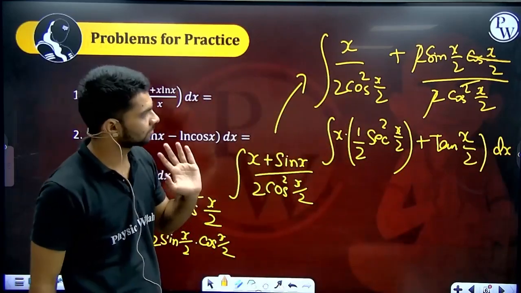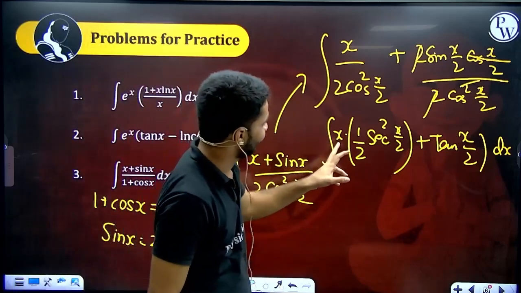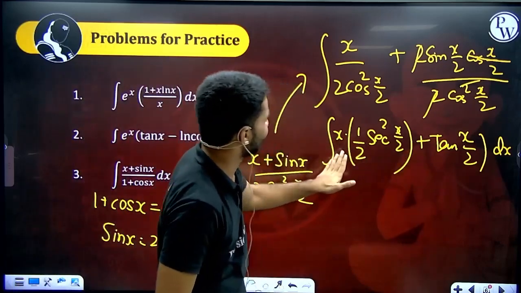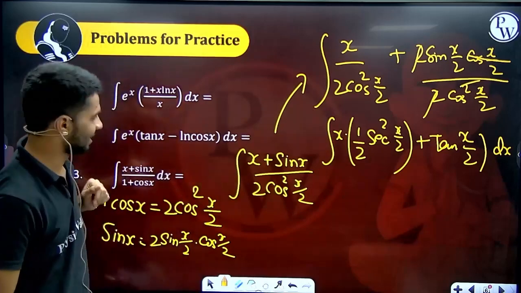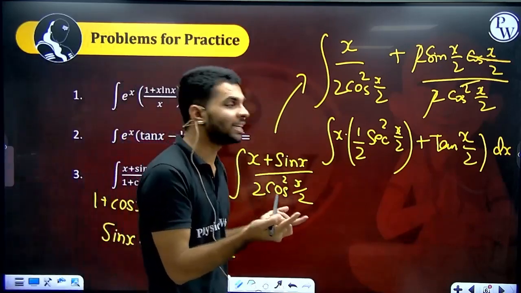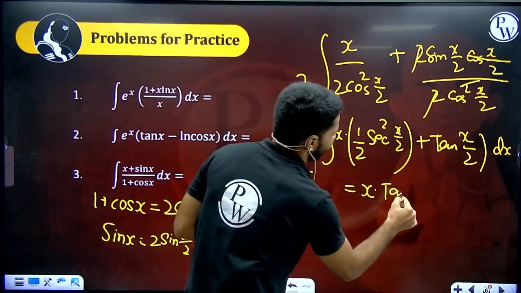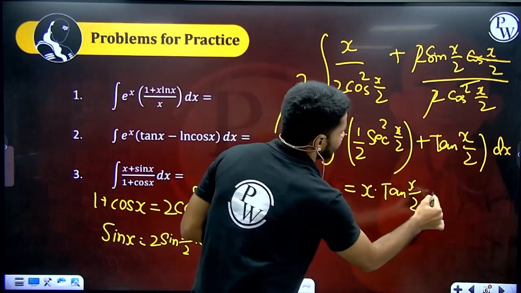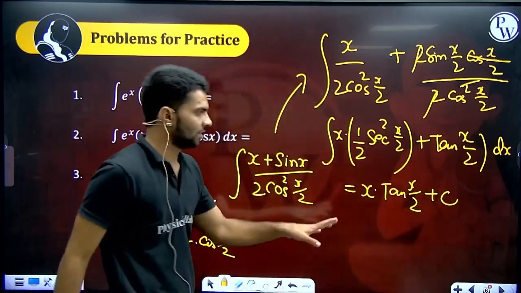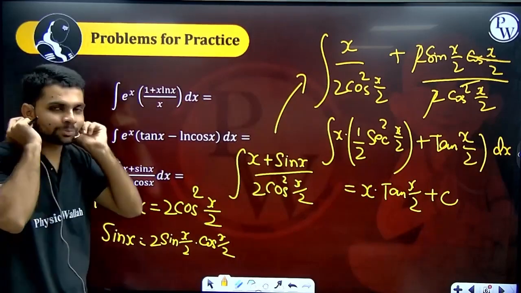Clear? Now recognize the pattern. f of x plus x f dash x, integration will be x f of x, that means x into tan x by 2 plus c. Clear? So solved.